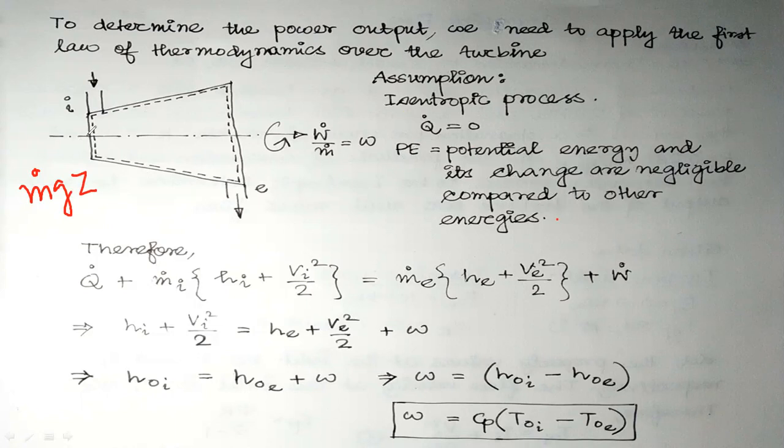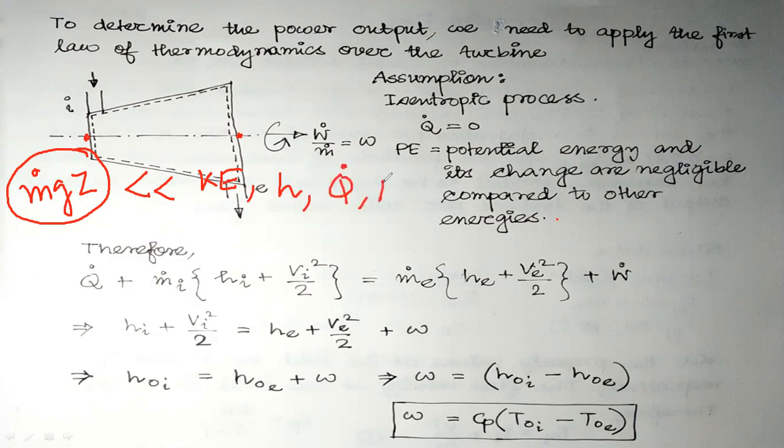So we consider that the change in elevation is negligible and its absolute magnitude is also negligible compared to the other energy terms like kinetic energy or enthalpy or heat transfer or work transfer, etc. So that is why we have neglected that to be 0. So potential energy is neglected.